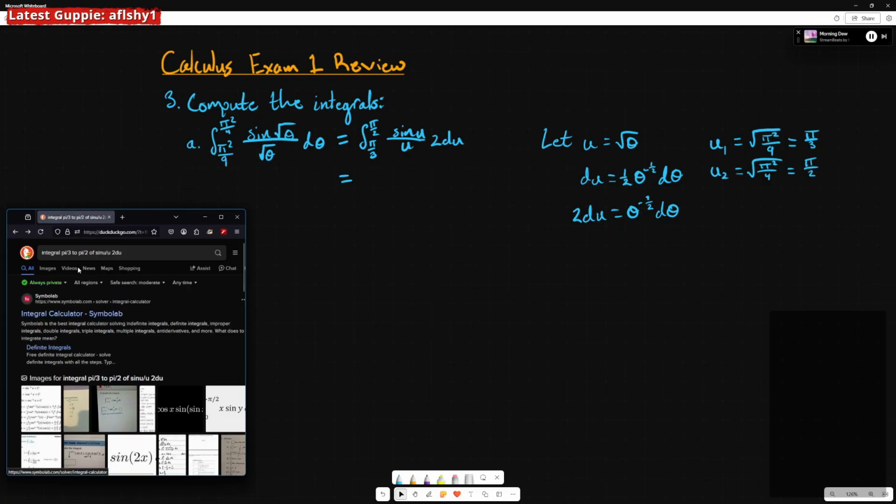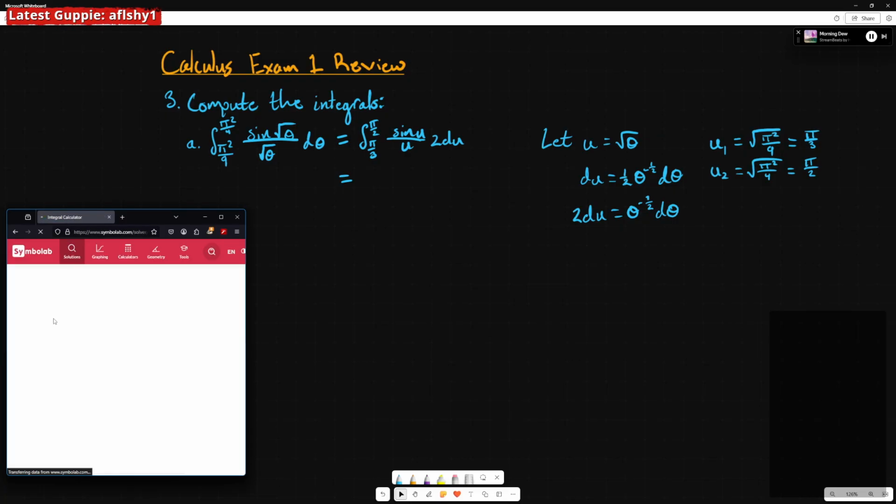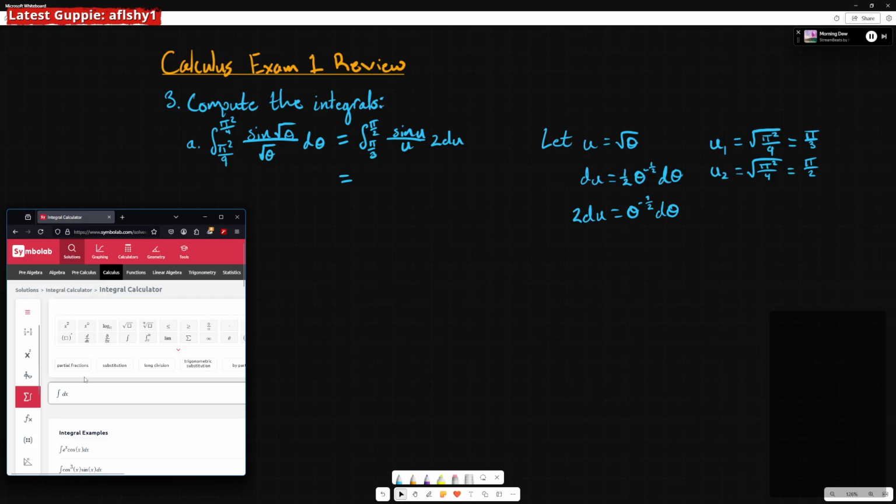Okay. Symbolab, I hate you, but you're also one of the few that actually is consistently good.